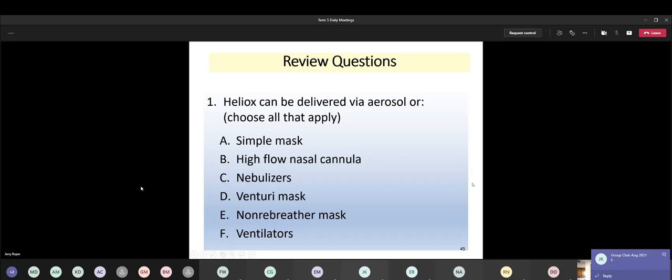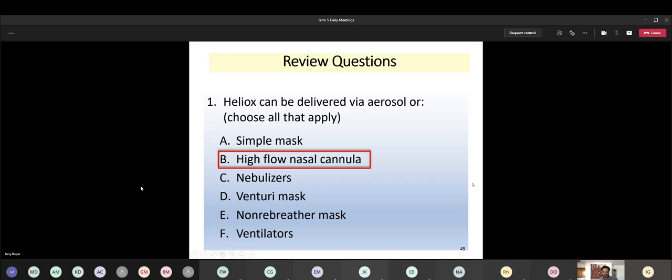I see E. Now, E for sure, because we know that E is usually the best bet, but there may be some other options here as well. Think back to that first video where they had the system that was designed to work with the Vapotherm high flow nasal cannula, or the MediPlus.